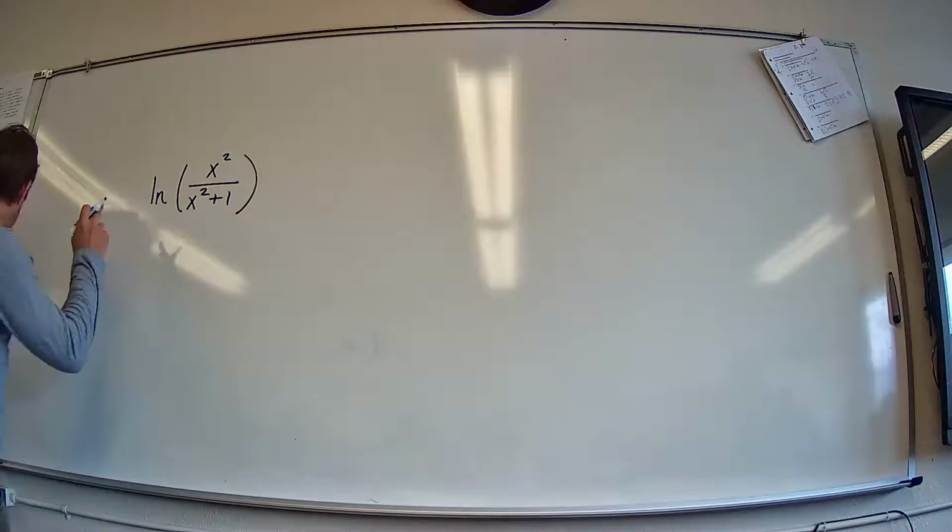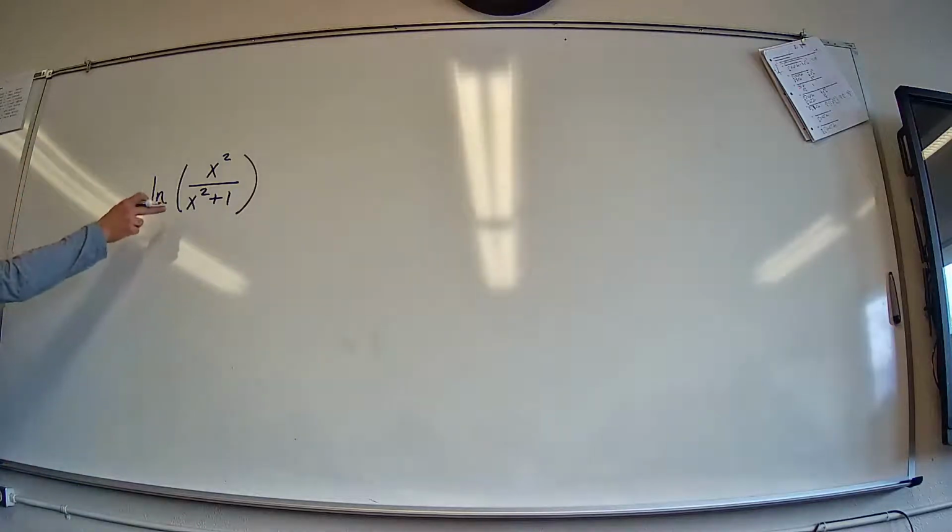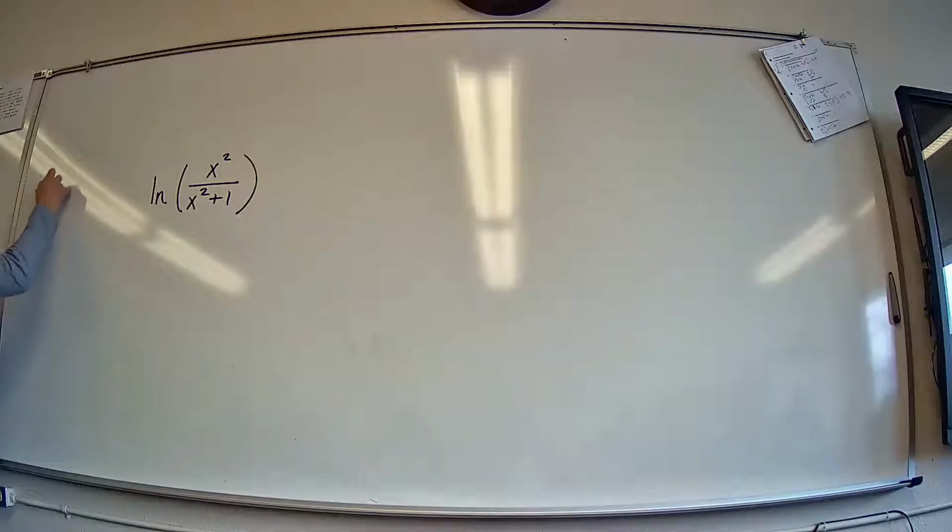There's a couple of log properties. Well, there's really one that I want to focus on for this one. We already talked about this one: the log of x to the n is equal to n times the log of x. There's another really famous one, which is that the log of a divided by b is equal to the log of a minus the log of b.